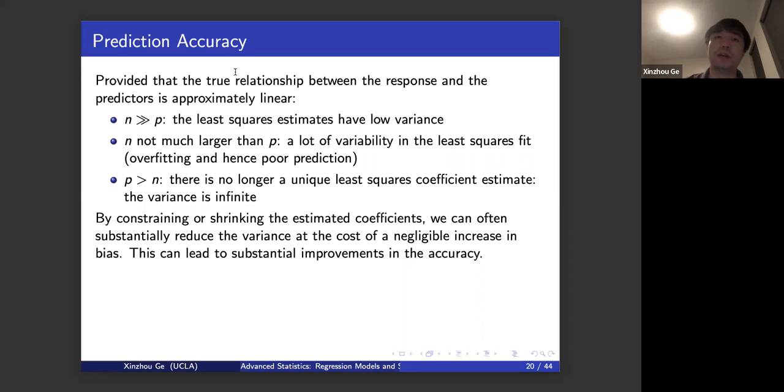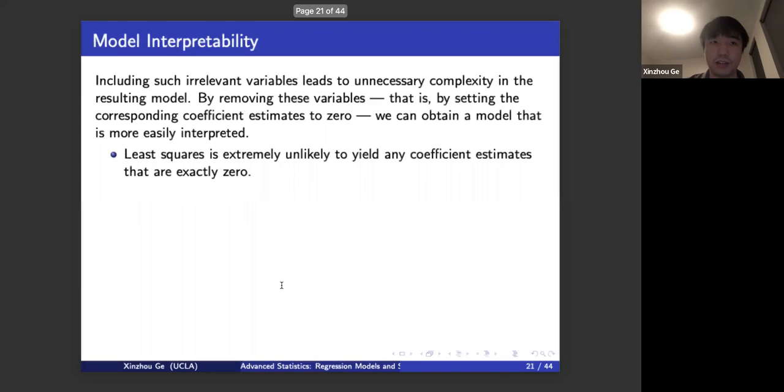We want to make most of them have zero coefficients or small coefficients, which means that we want to shrink the estimated coefficients. There are two ways to do this shrinkage, and I will introduce these two methods, which are called lasso and ridge regression.